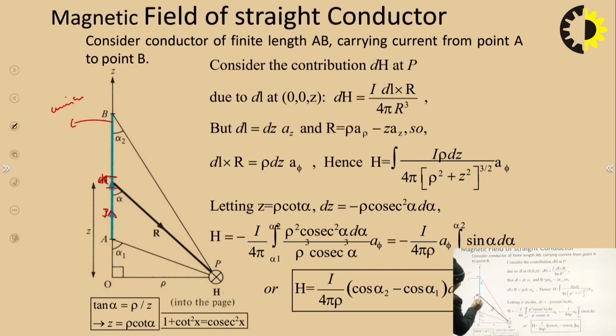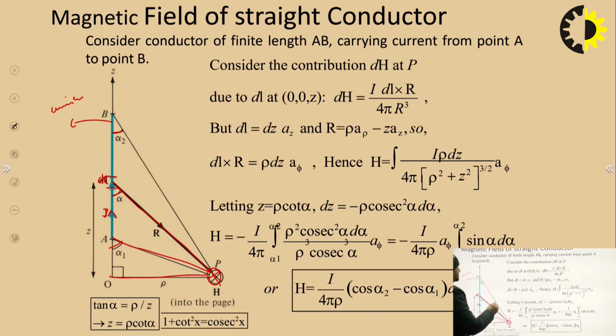We find the magnetic field intensity at a point P. The distance from O to P is rho, and the angles are alpha 1 and alpha 2. So what is the magnetic field intensity in that particular system?